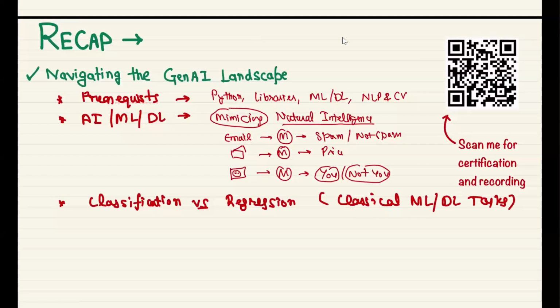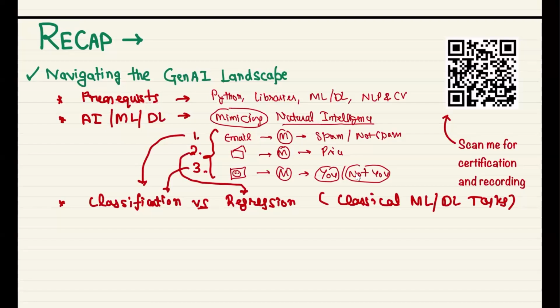Yes, perfect. Now, can you please tell me, out of these three tasks, task number 1, 2, and 3, which task comes under classification and which task comes under regression? Perfect. Task number 1 and task number 3 are both examples of classification, whereas task number 2 is an example of regression.